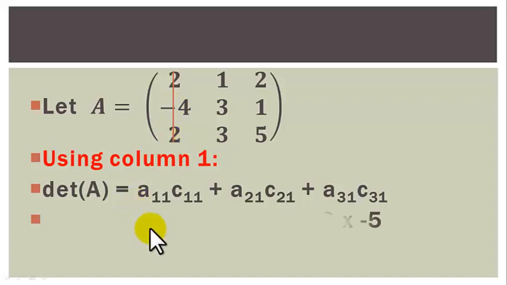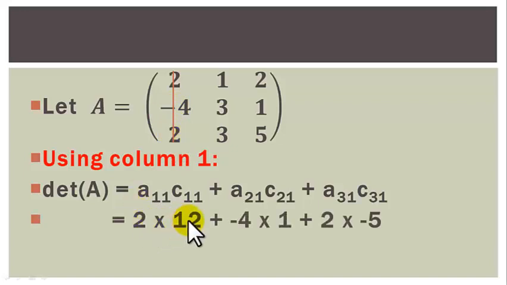That is 2 times 12 plus minus 4 times 1 plus 2 times minus 5. Again, if you multiply and add, this will give us 10, which is the same as the result obtained by using row 1.